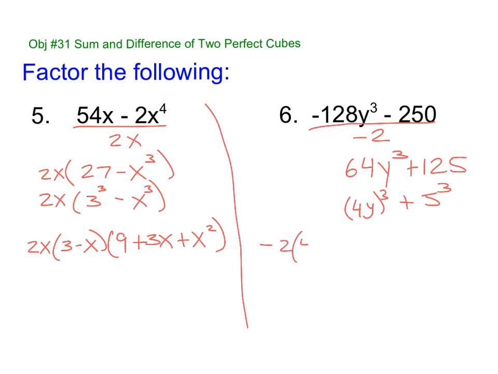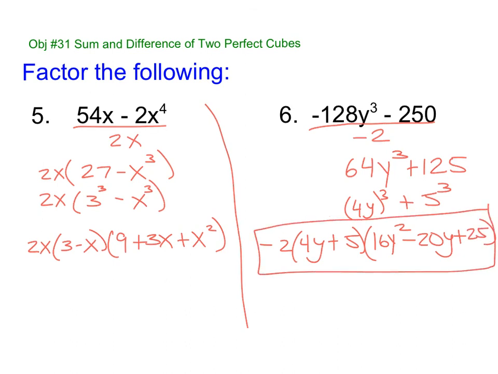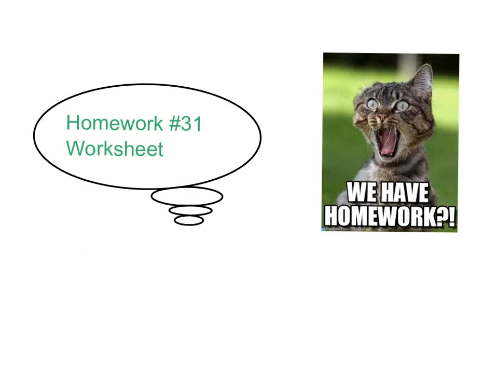My binomial is 4y plus 5. And then we're going to square 4y, so 16y squared, minus, switch the sign, multiply those two together. 5 times 4 is 20. And then plus 5 squared is 25. And we are finished. All right, practice. Nice short lesson today.